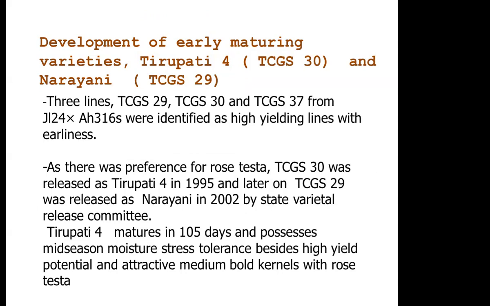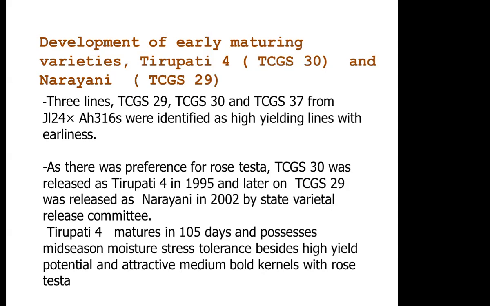It is a red testa line. But Tirupati 4 suffered like JL24: stress tolerance at the end of the season was a problem in Tirupati 4. That is why it was withdrawn again.